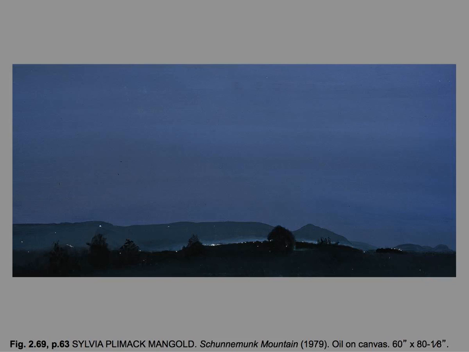So you can see in this painting by Sylvia Mangold, the first hill there has a very clear, very rough contour line describing it. We can see there's even trees and bushes. It's very dark, intense color. The second hill or mountain range is still fairly clear.